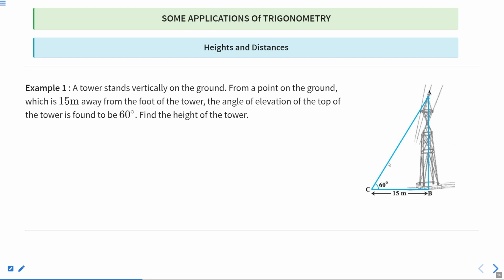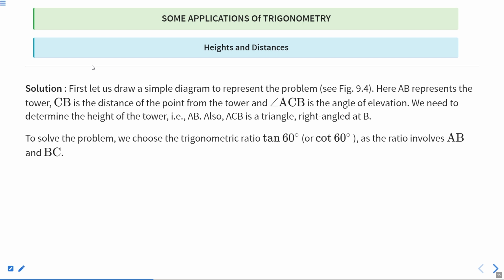So AB represents the tower, CB is the distance of the point from the tower, and angle ACB is the angle of elevation, which is given as 60 degree. We need to determine the height of the tower, that is AB. Also, ACB is a triangle with a right angle at B, so ACB is a right angle triangle.